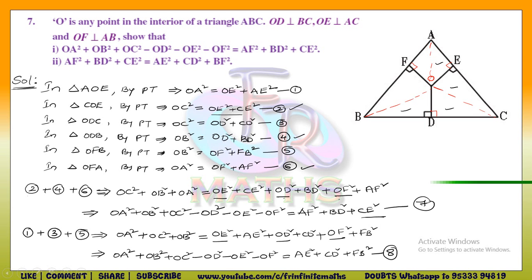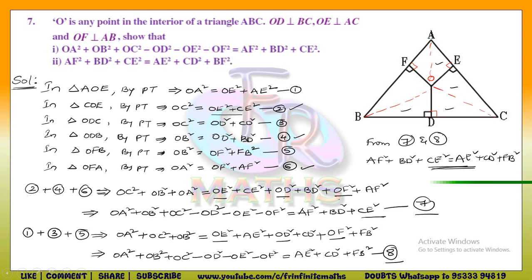Now observe the left hand sides of equation 7 and equation 8. Both left hand sides are the same. So if both left hand sides are equal, then automatically the right hand sides are also equal. From equations 7 and 8, we can say AF square plus BD square plus CE square is equal to AE square plus CD square plus FB square.